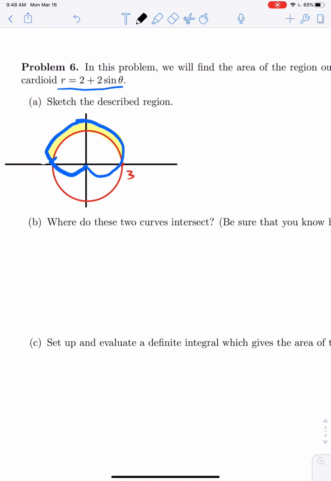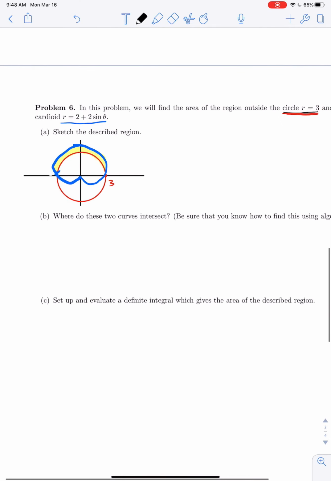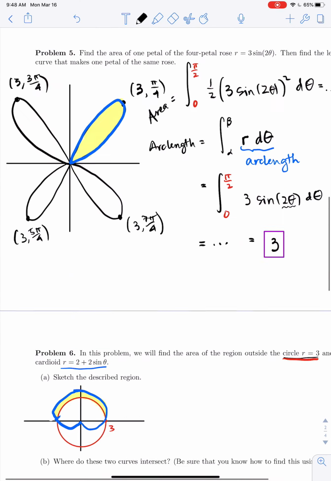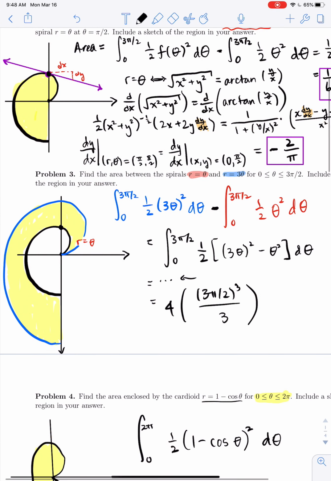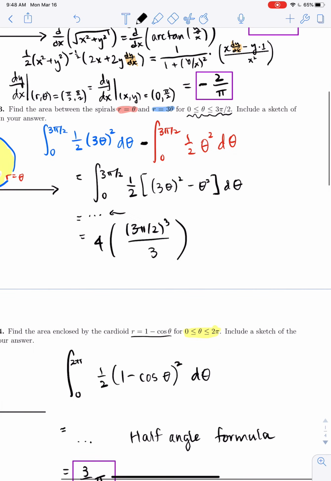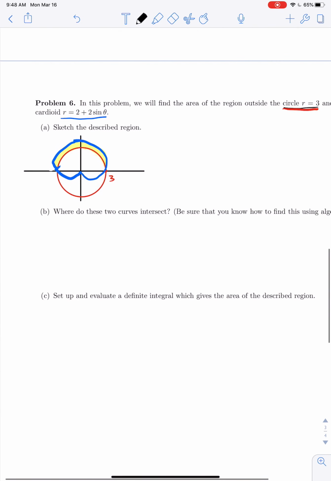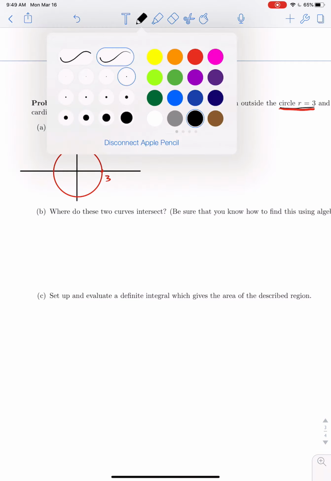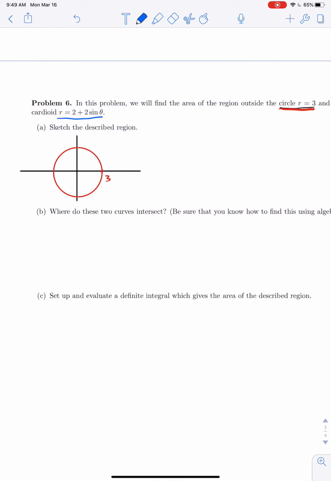All right. So what becomes more challenging about this problem compared to problem 3 is in problem 3, the bounds for theta were very obvious, 0 to 3 pi over 2. But in this problem, we're actually going to have to work to find the places where these intersect. So as a matter of fact, I'm going to redraw that curve because it's not actually where it's supposed to be.